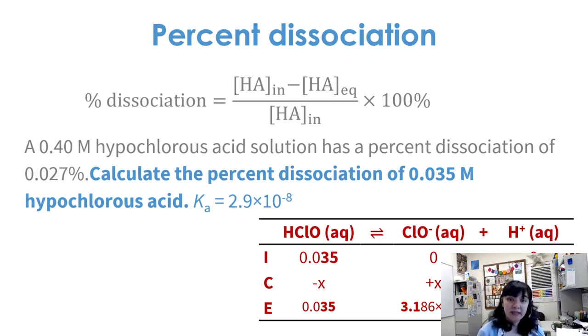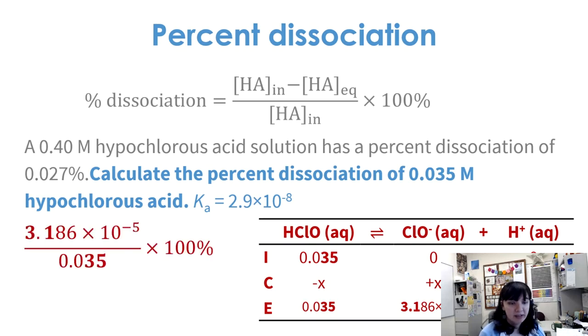And so my percent dissociation can be calculated by taking the change, dividing it by the initial concentration of the acid, and making that into a percentage. I get 0.091%. So compare here, before I had a concentration of 0.4 molar and had a percent dissociation of about 0.03%. Here I have a lower concentration of my weak acid and yet a higher percent dissociation.